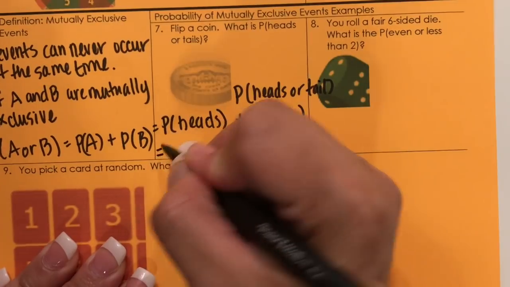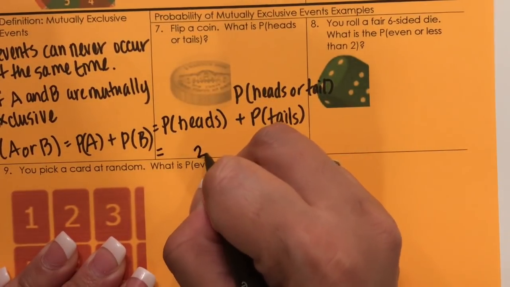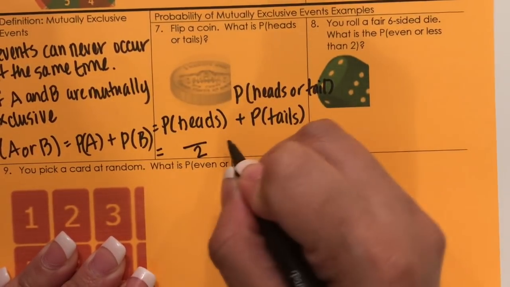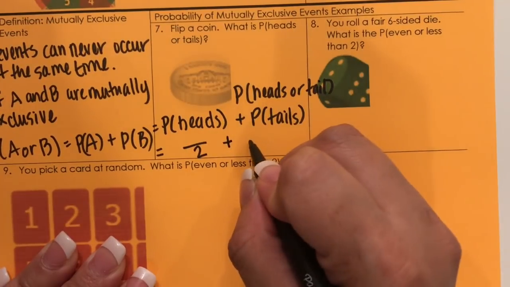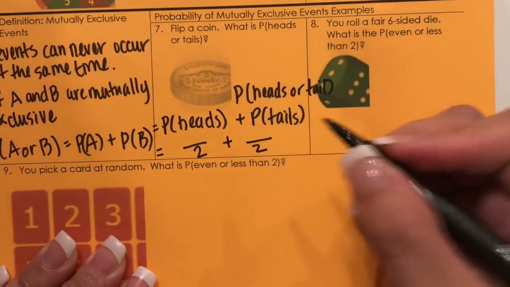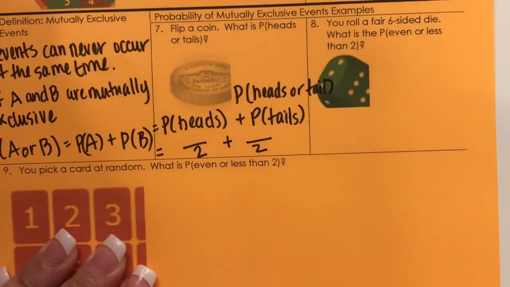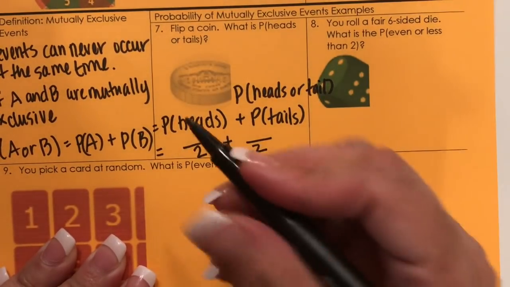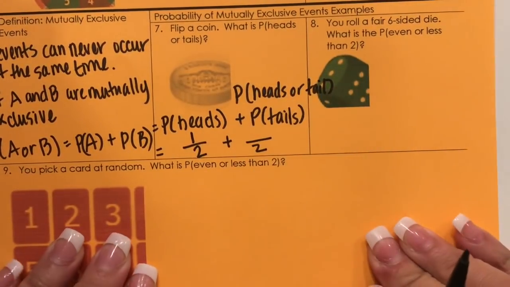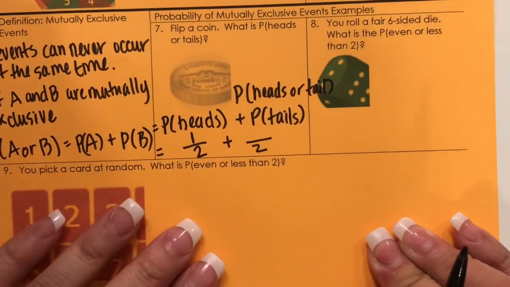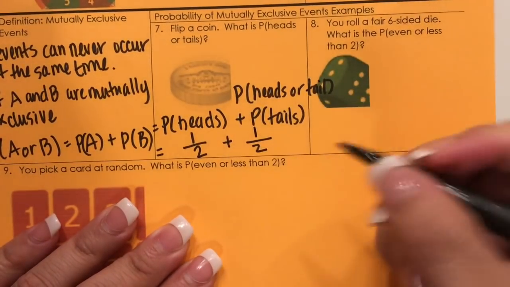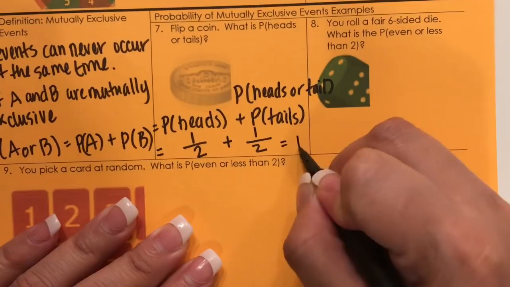I know that there is a possibility of heads or tails, so those are the possible outcomes. I know I can only have a head once, so that's 1/2. I know that I can only flip a tail once, so that's another 1/2, and my solution is going to be 1.